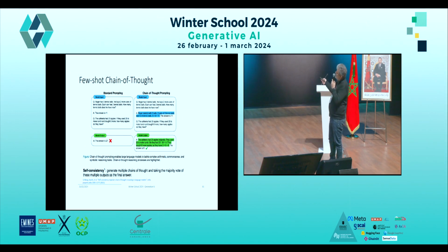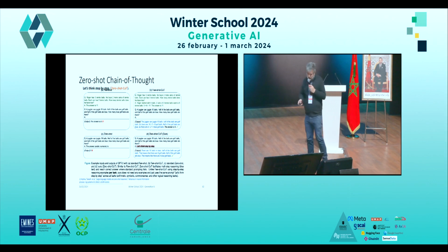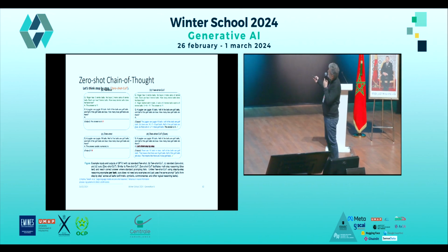Then the LLM, in a similar question, will give not only an explanation and a chain of thought, but also a correct answer. So this is the concept of chain of thought. And then there is the combination between zero shot and chain of thought, which is essentially that we simply add, let's think step by step.